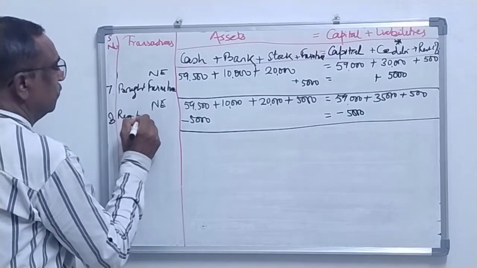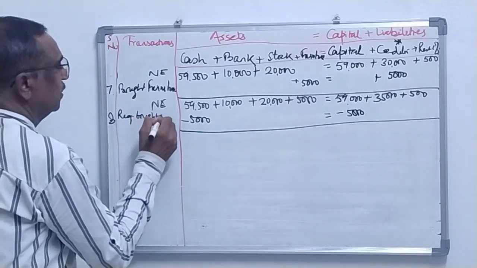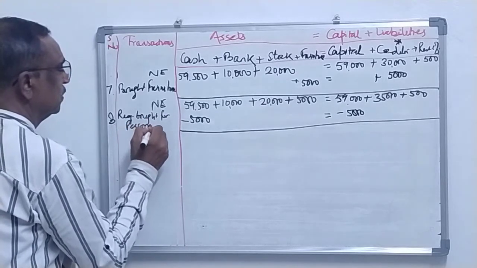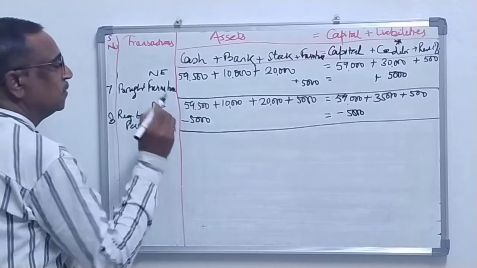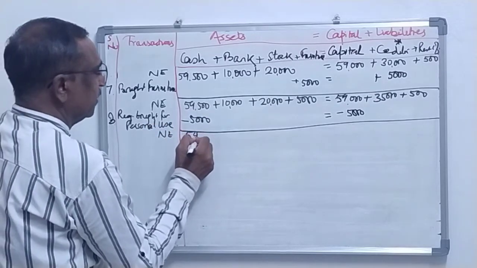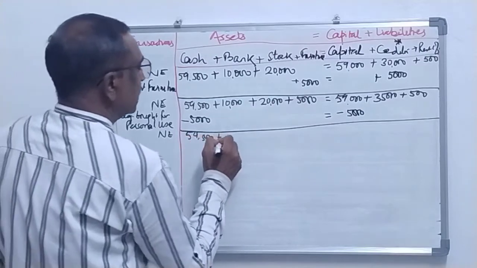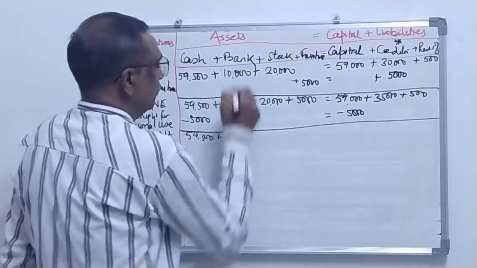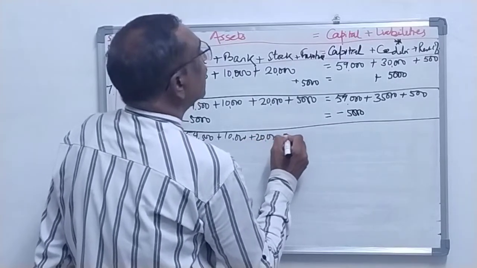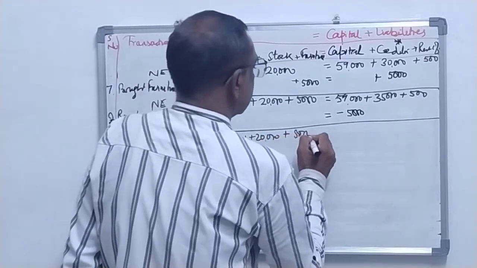Refrigerator bought for personal use. Now the new equation will become 54,500 plus 10,000 in bank, 20,000 of stock and 5,000 of furniture.